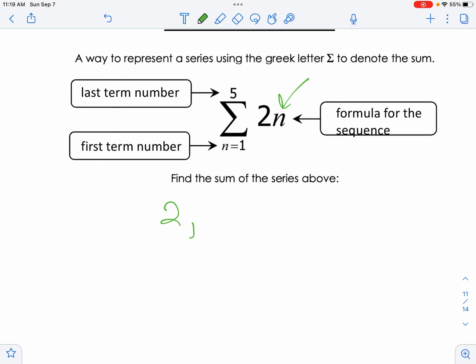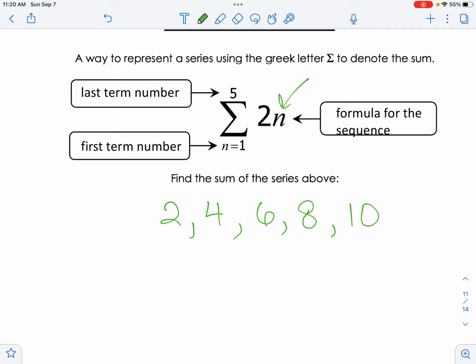Okay? So this is how we get the sequence. And then we're going to put in a 2. 2 times 2 is 4. Then a 3. 2 times 3, 6. 2 times 4, 8. And then 2 times 5, and this is where we can stop, right?